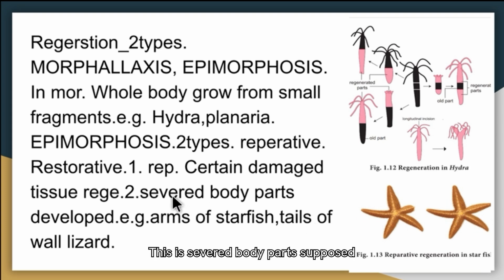This is severed body parts. Suppose some of the body is lost, it will be developed. That is called regeneration. Example, arms of the starfish. Yes, this is our second part of the asexual reproduction.